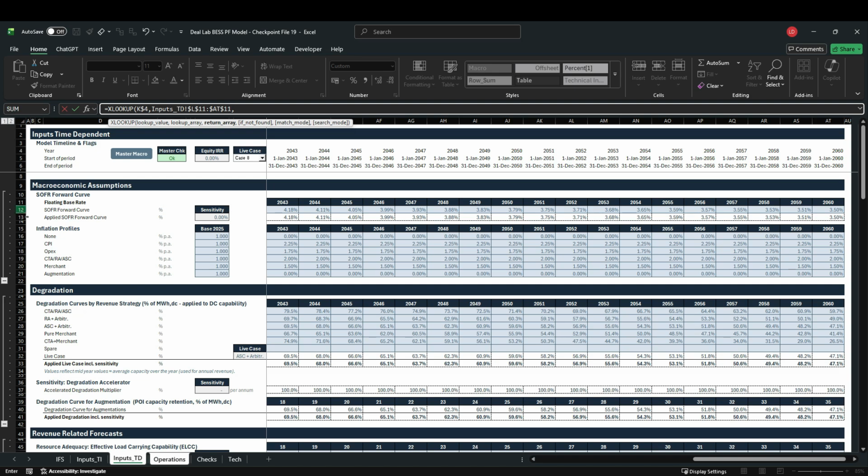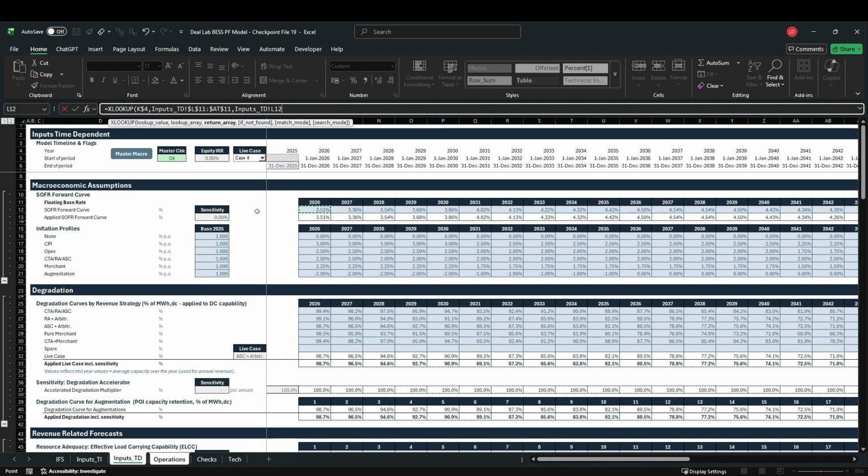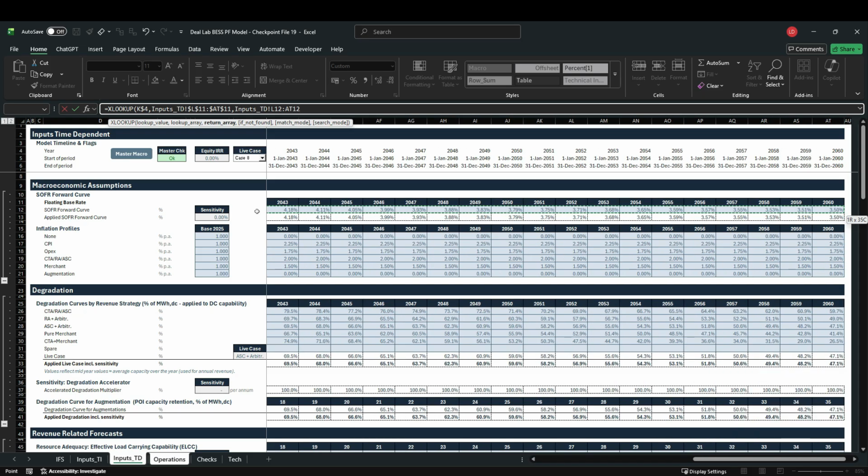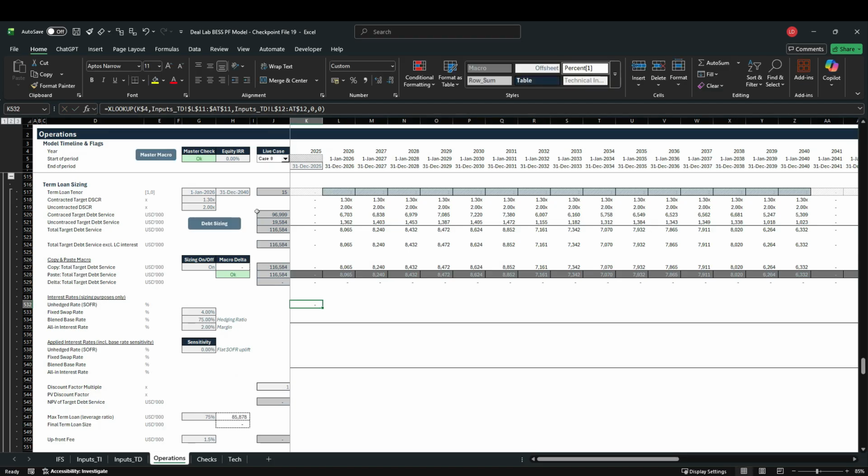So make sure that you're not using the applied SOFR forward curve after our sensitivity. For this one we will want the SOFR curve before sensitivity. So select L12 to AT12, hit F4 1, 2 times, comma, 0 if not found, and match mode is exact. So again 0, close parentheses, hit enter.